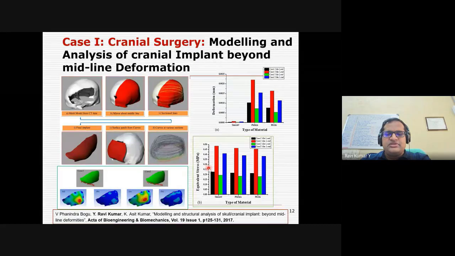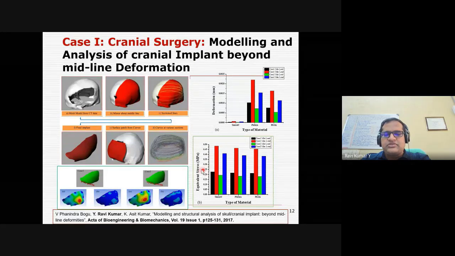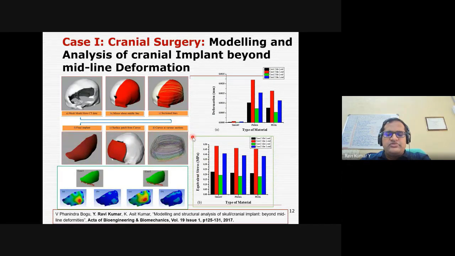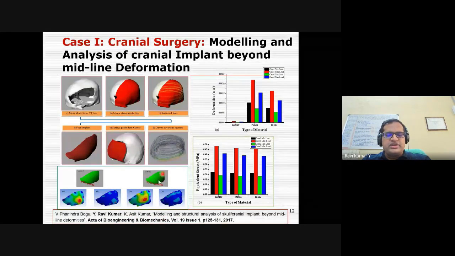Further we studied the equivalent stresses, and ultimately we need to come out with the best material and the best design for fitment. We analyzed all these things and published this in one of the reputed journals. If you are interested to know more, you can refer to this journal.